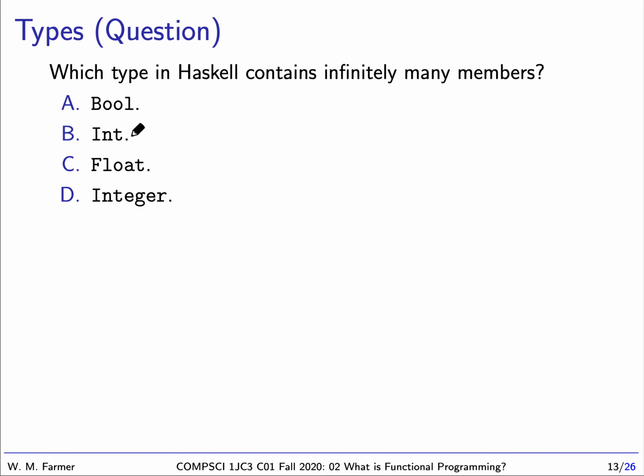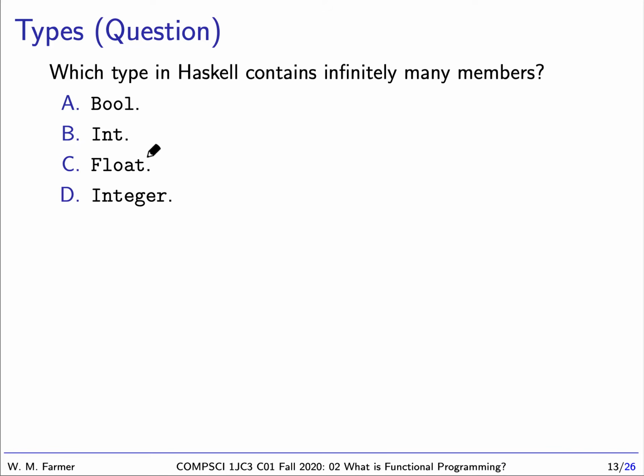Is it int? No. Int is a type that denotes a set of machine integers, which is by definition a finite set of integers. And float denotes a set of rational numbers, which by definition is also finite. The reason these two are finite is because the members of each of these types is represented by a fixed number of bits.